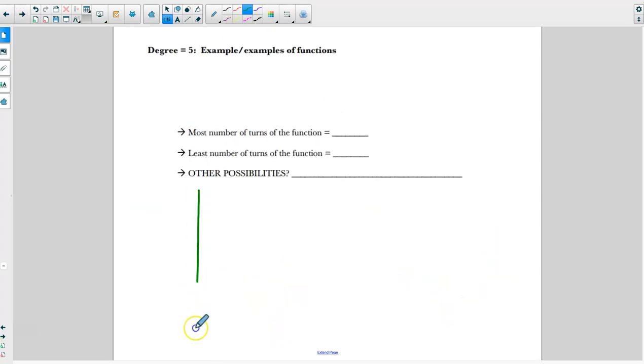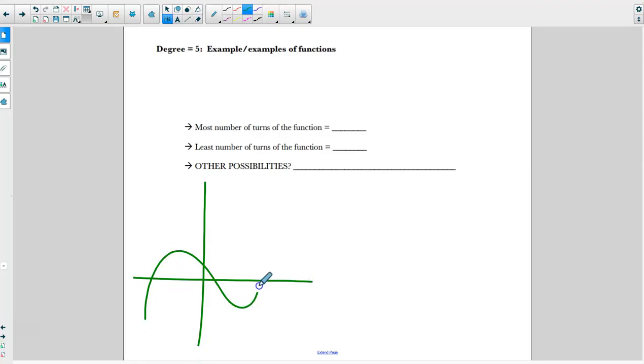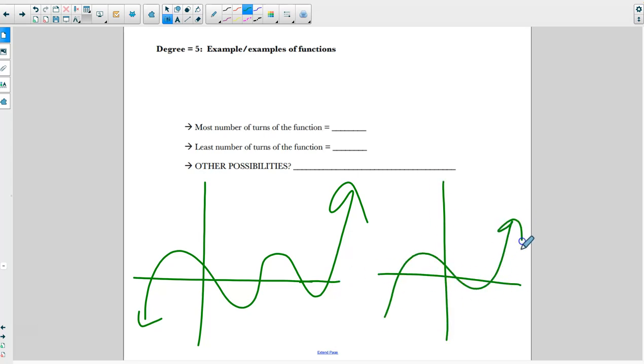Degree 5. How many turns does my first picture have? 4.